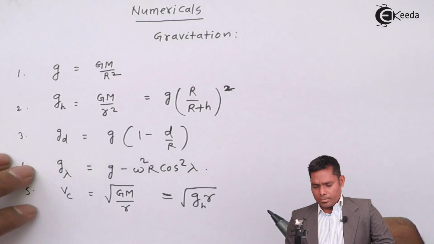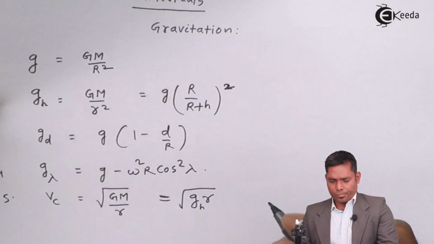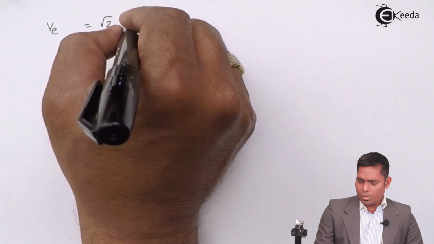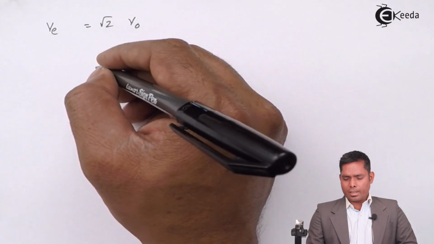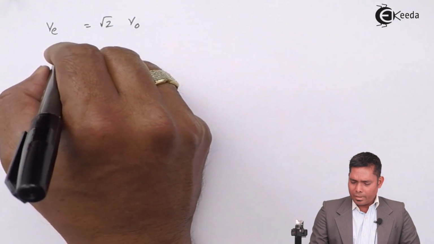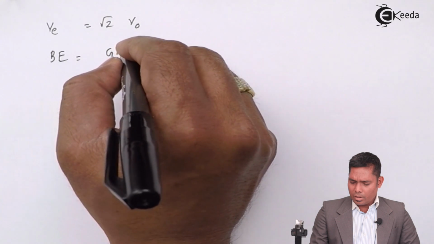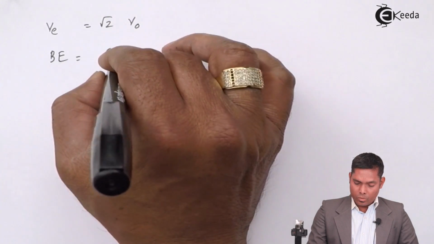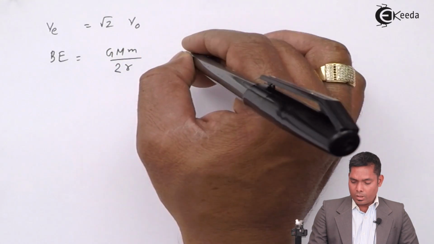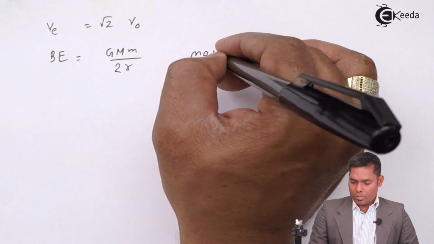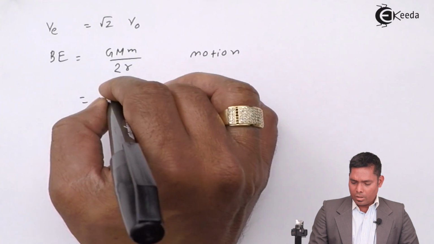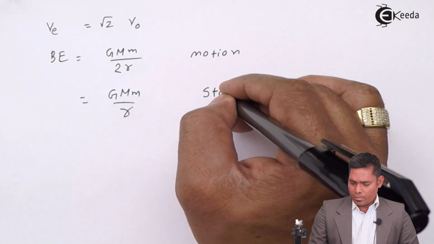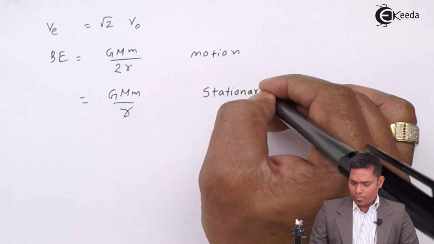Next we have escape velocity, which is root 2 times the orbital velocity or critical velocity. The binding energy is GMm over 2r for a moving object, and GMm over r for a stationary object.